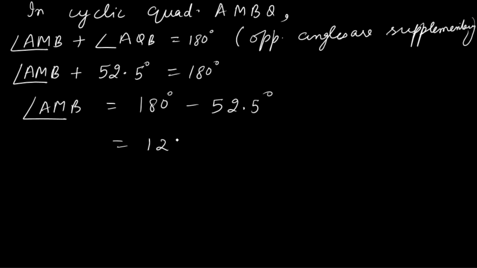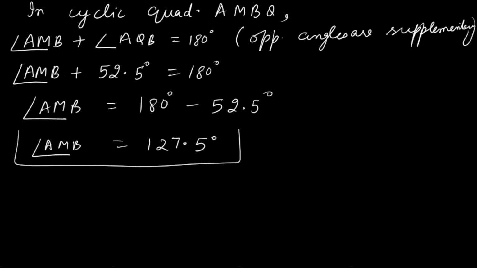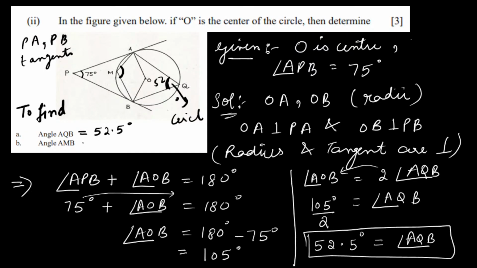Okay, so the answer has already been given, 127.5 degrees. So both the angles we found are 127.5 degrees. This question was very simple and direct. Let's do the next question.